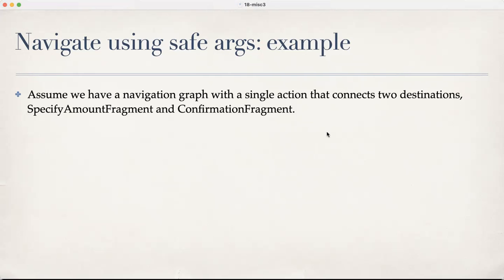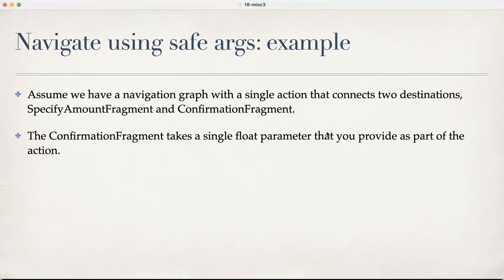Let's also assume that this second fragment, ConfirmationFragment, takes a single float parameter, which is the amount. Like this is part of a big, say, banking transaction, and you want to confirm if the user wants to send a certain amount, which can be represented as a float.